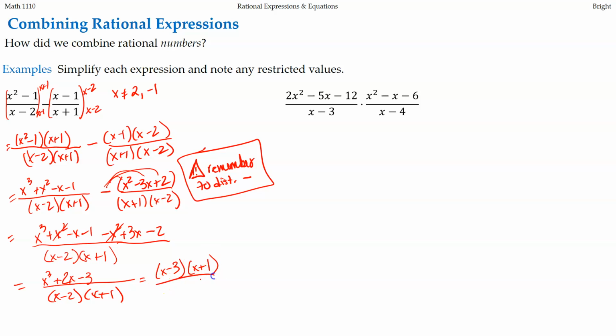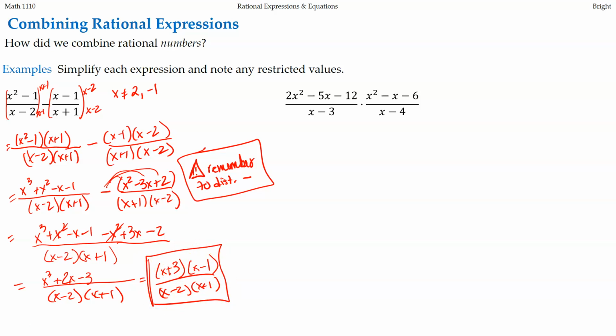This is a fun one, over x minus 2, x plus 1. And then at the end I would say, okay, well, there's a common factor, and I have my signs mixed up, and so in this case, even though I can factor, there isn't a common factor. So I would be forced to leave it like this. Okay, so that would be my final answer.